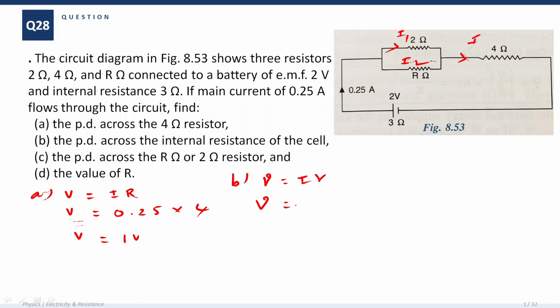Small v equal to I is 0.25, internal resistance 3. Then V equal to 0.75 volt. This is the voltage drop.